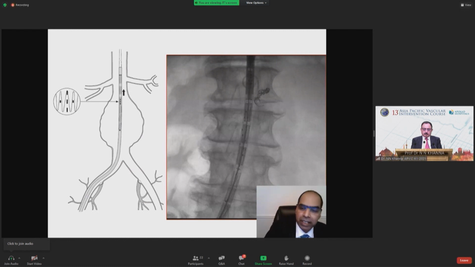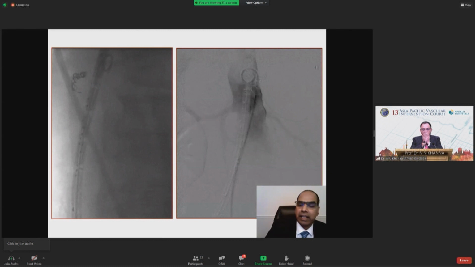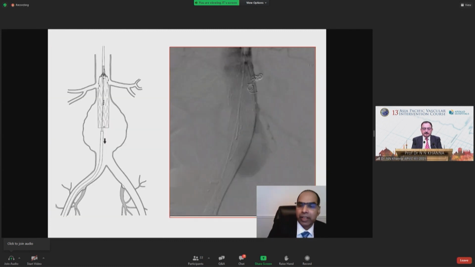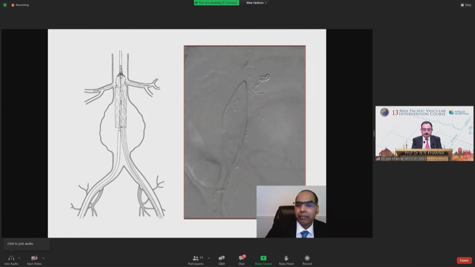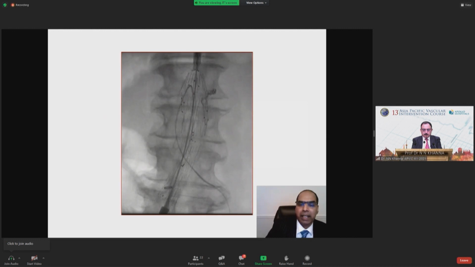And here the fenestrated component is placed, and then it is unconstrained after confirming the longitudinal and circumferential orientation. And after unconstraining it like so, you proceed from within the stent graft to come out of the superior mesenteric artery fenestration and cannulate the SMA. And then a support wire is passed into the SMA.